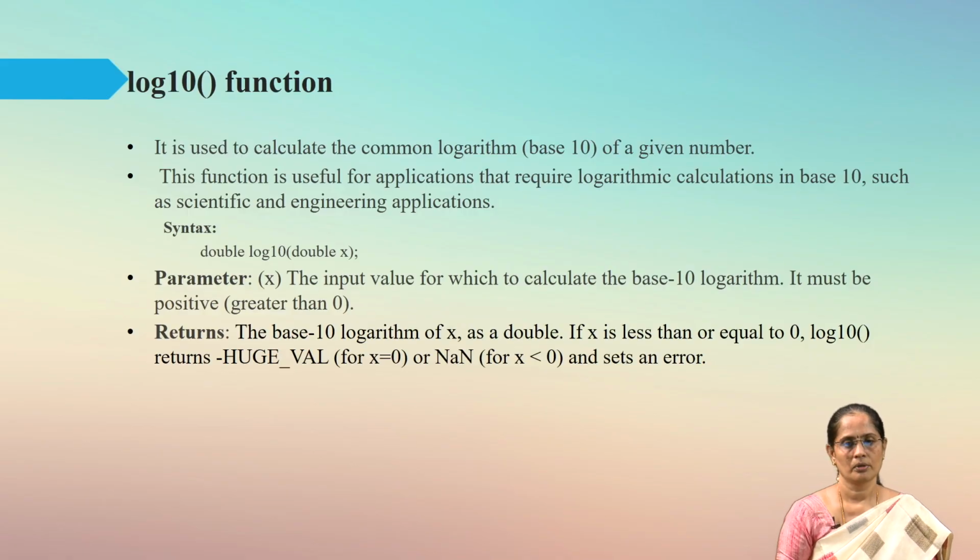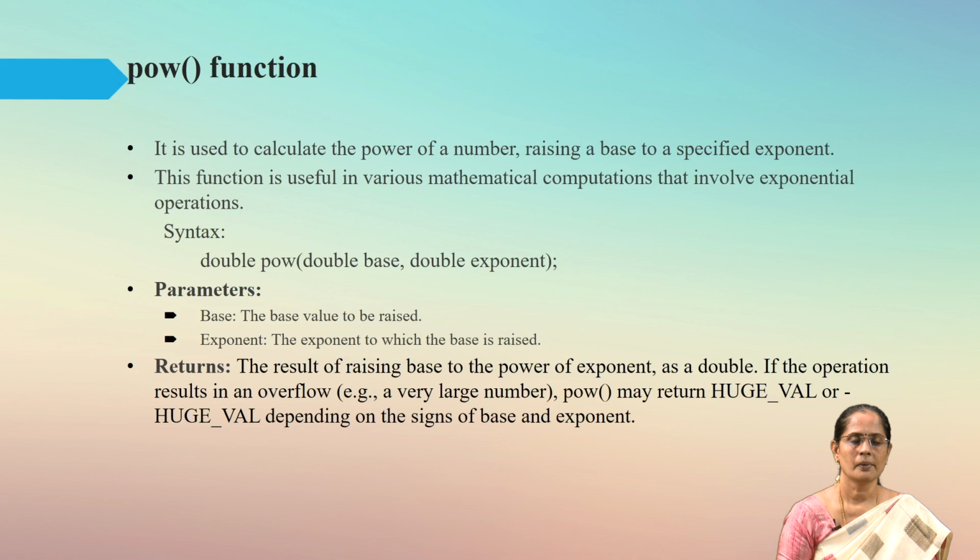So, we will be able to calculate the base 10 logarithm, and the base 10 logarithm of x will also be a double. If x is less than or equal to 0, log10 will return a huge value, which will result in an error. So, this is the way we can apply log10 to a double type variable.